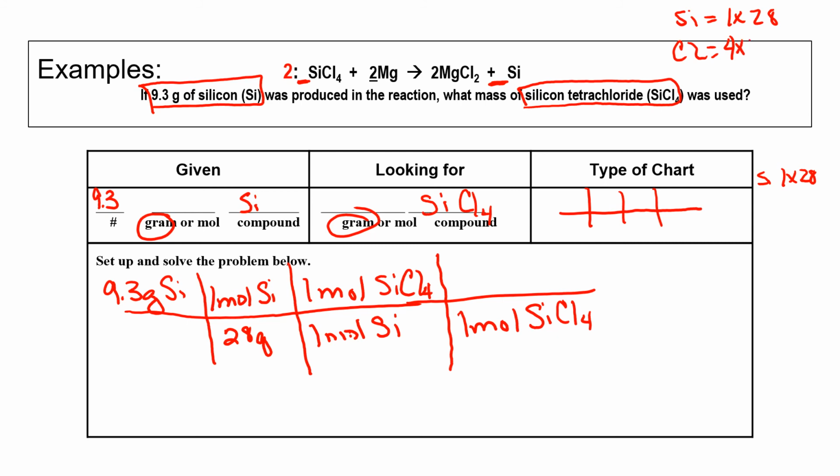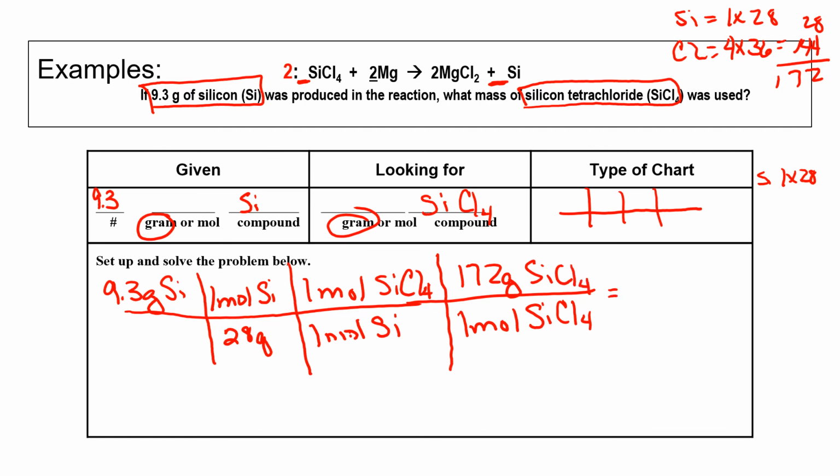So 4 times 36 is 144, and 28, add those together, 172. So 172 grams of SiCl4.